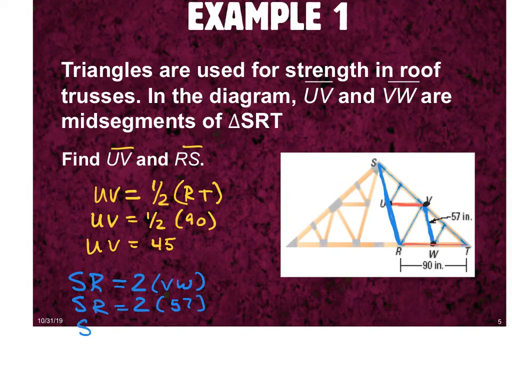And 2 times 57 is 114. 114 inches. So just by saying things like SR is twice VW, that actually makes an equation. SR means equals twice VW, in which case we could just plug right in.